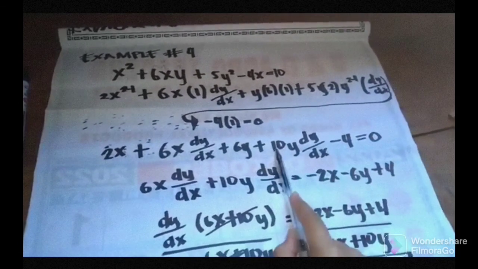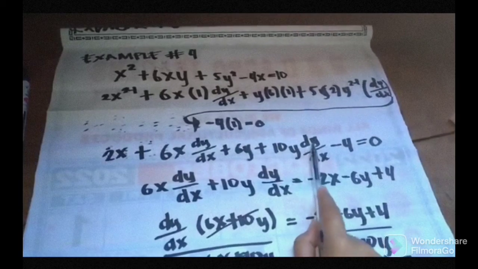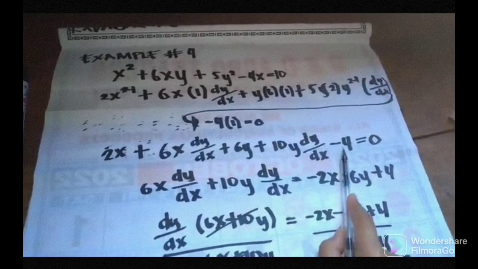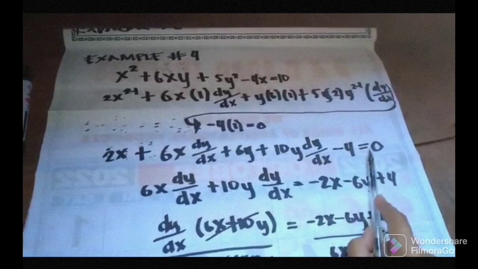That will become 10y times dy over dx minus 4 is equals to 0.